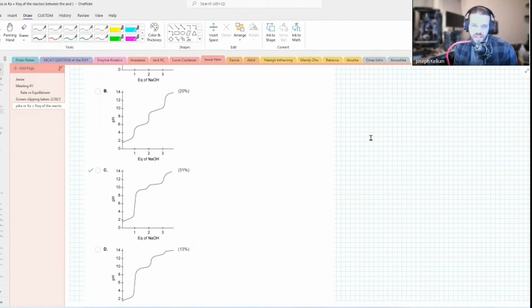Glycine doesn't have an acidically active R group, so the pI for that is just going to be right in between the pKa of the N terminus and the pKa of the C terminus.